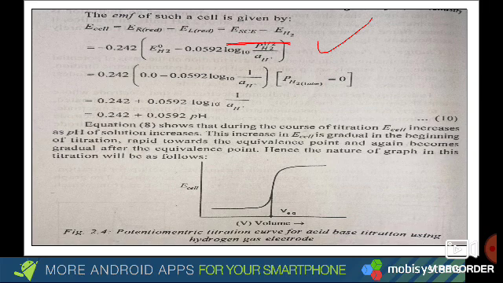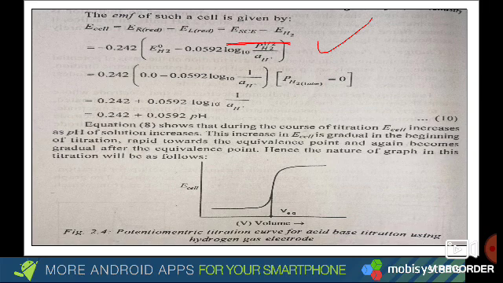Before converting that you have to multiply it by 0.0592, and then you multiply it by log to the base 10 of the activity of H2 upon the activity of H plus. So that is written in the bracket.